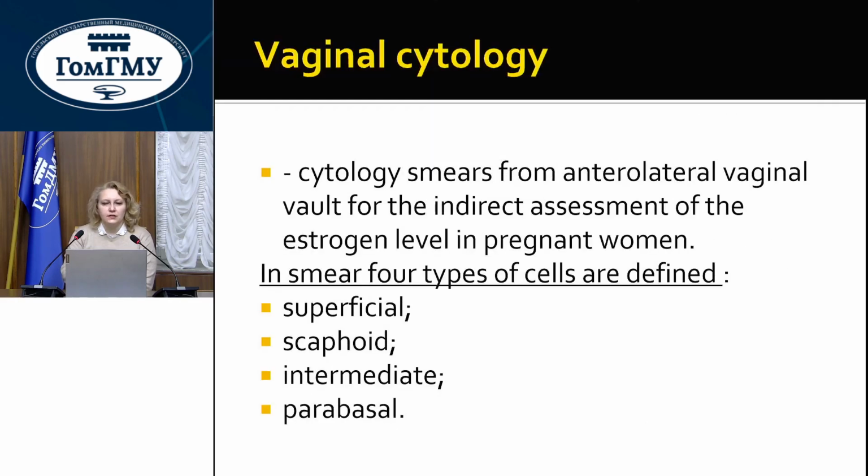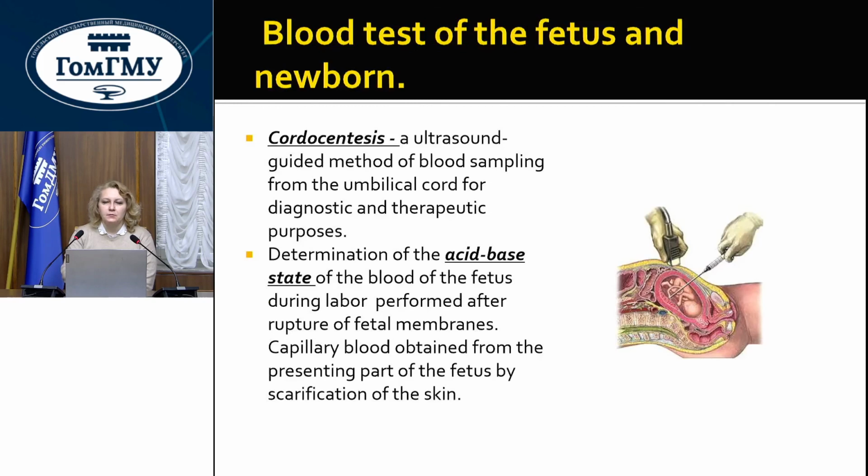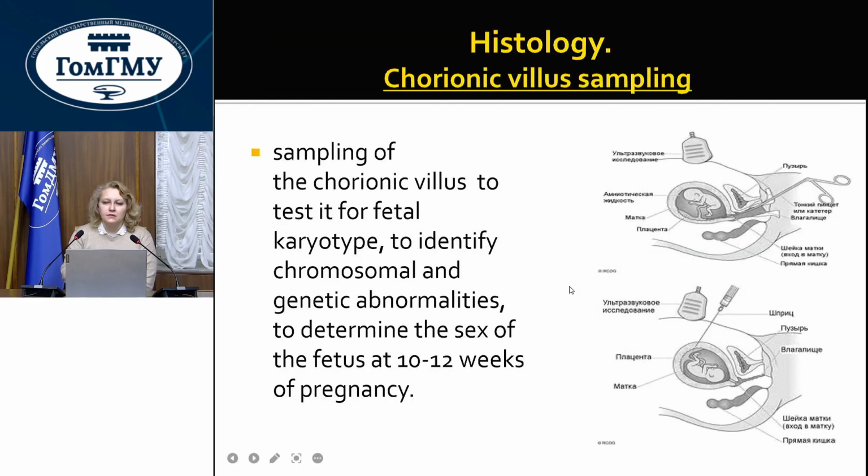Vaginal cytology, it is compulsory, because we have a screening against cervical cancer program, blood test of fetus and newborn, chordocentesis for fetus, and chorionic villus sampling or chorionic biopsy.